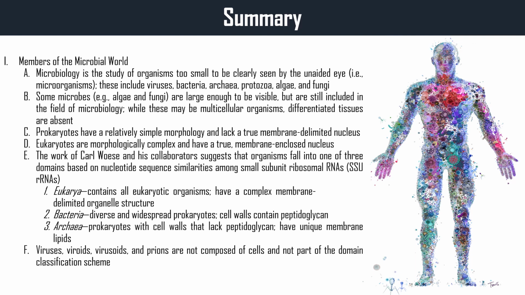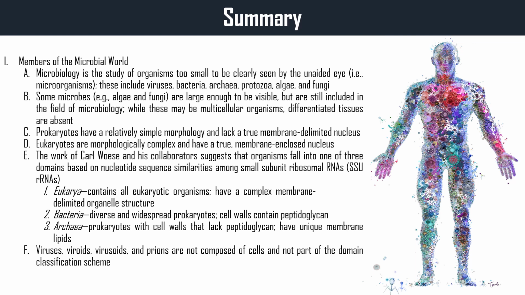Eukarya contain all eukaryotic organisms and have a complex membrane-delimited organelle structure. Bacteria are diverse and widespread prokaryotes which contain a cell wall with peptidoglycan. Archaea are prokaryotes with a cell wall that lacks peptidoglycan and have unique membrane lipids.